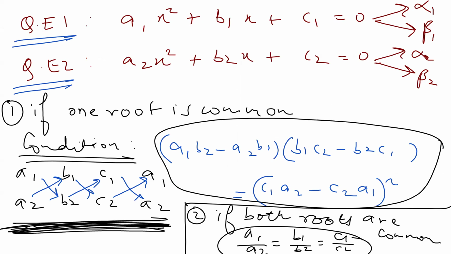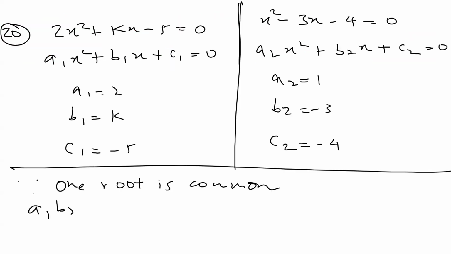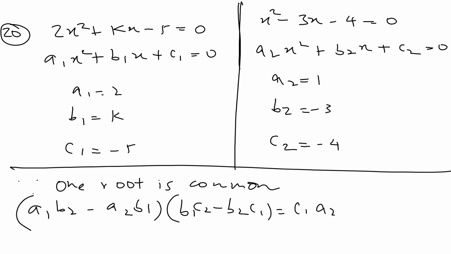So a1 b2 minus a2 b1, into b1 c2 minus b2 c1 equal to c1 a2 minus c2 a1, the whole square.